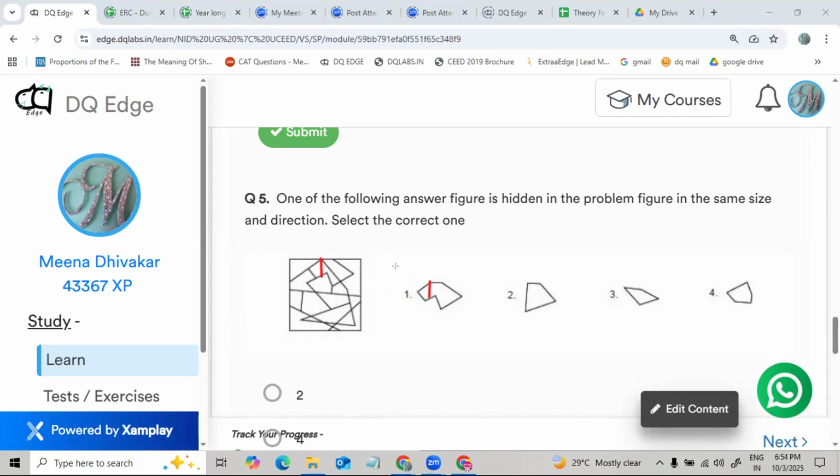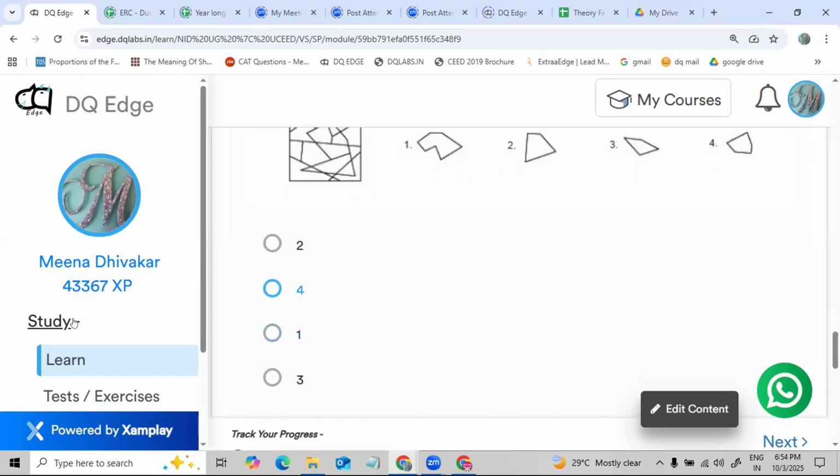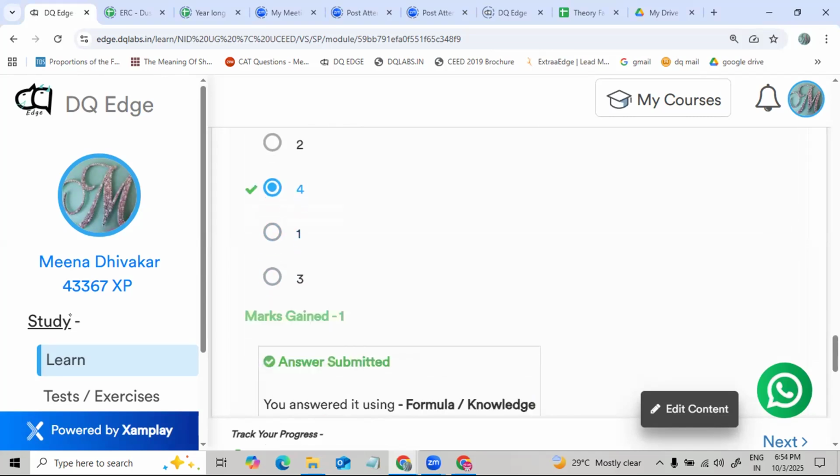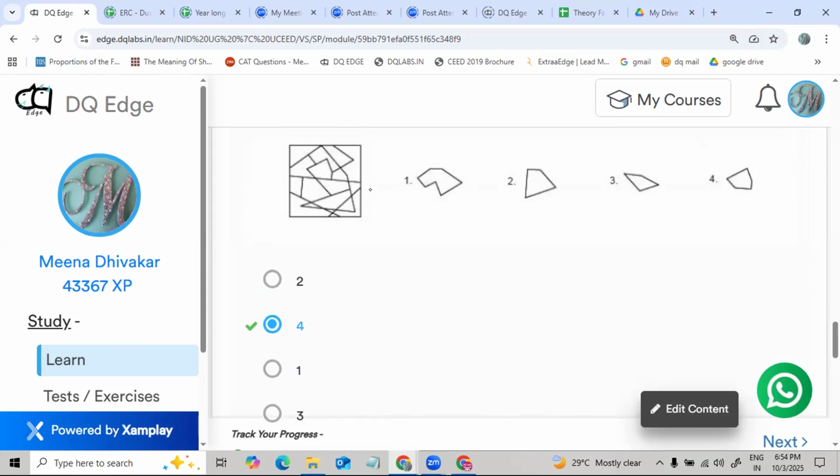So you're saying option 4. That's correct. There is a minute difference between option 1 and option 4 to come to a conclusion. See, there are minute differences, and that difference matters a lot.